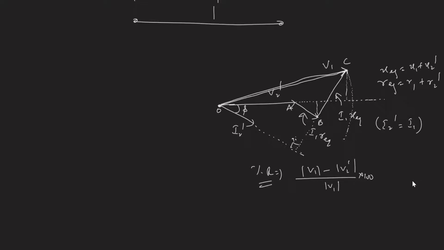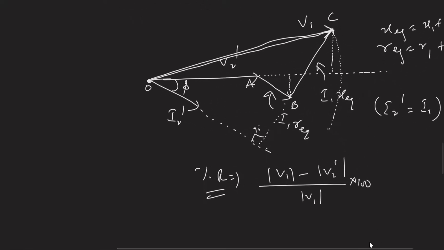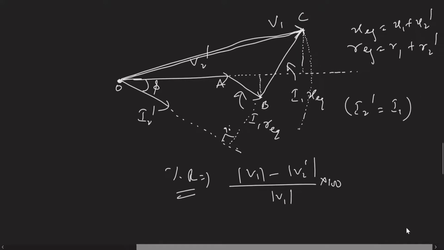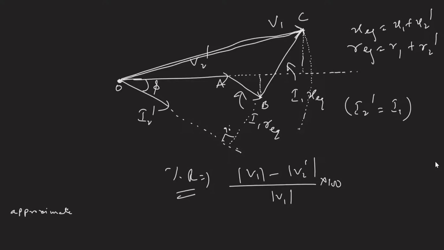Are you able to see my screen properly? So what I have done is dropped 2 perpendicular lines from B and C. Now, in this we have 2 methods, and this is the approximate method.